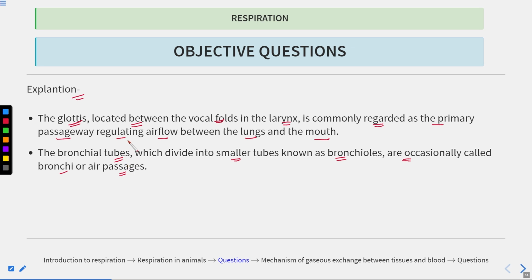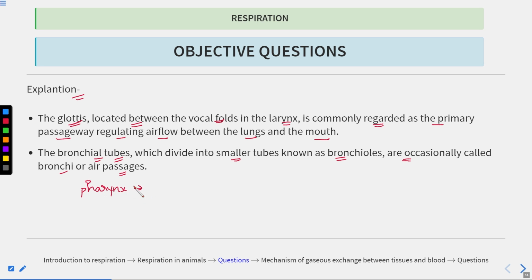There are two bronchi, left and right, and they enter into the lungs, where they divide into bronchioles. So that's why larynx was the correct answer. And the third option was pharynx, which we have already discussed.